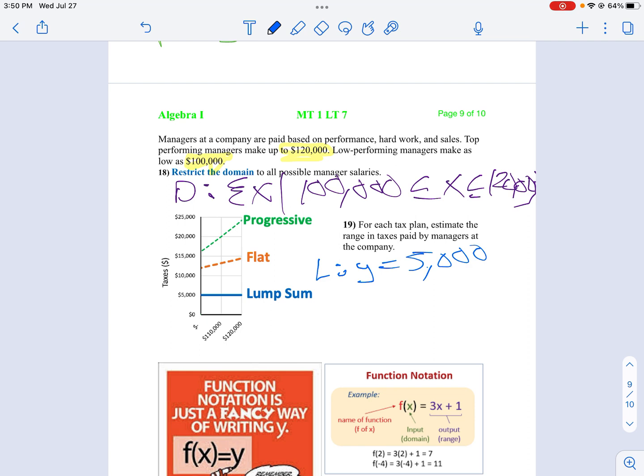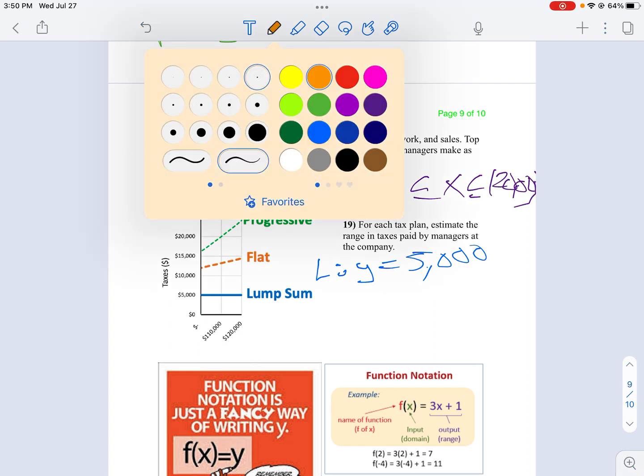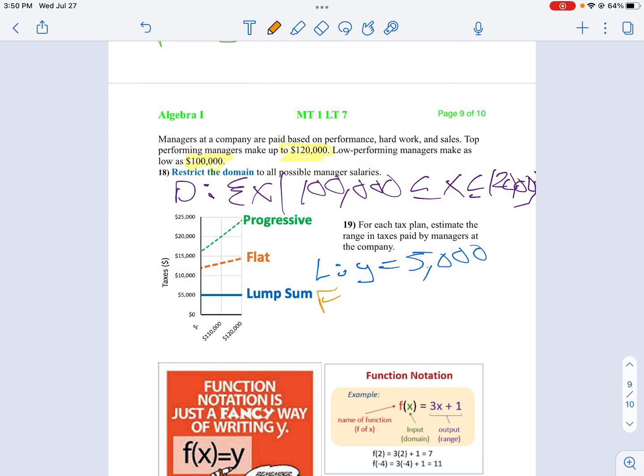Now if we do our flat tax, I'm going to start at 100,000 from my domain. So I'm going to say y such that, well, let me see. It looks like we're starting here between 10 and 12,000, because 12% of 100,000 is 12,000.